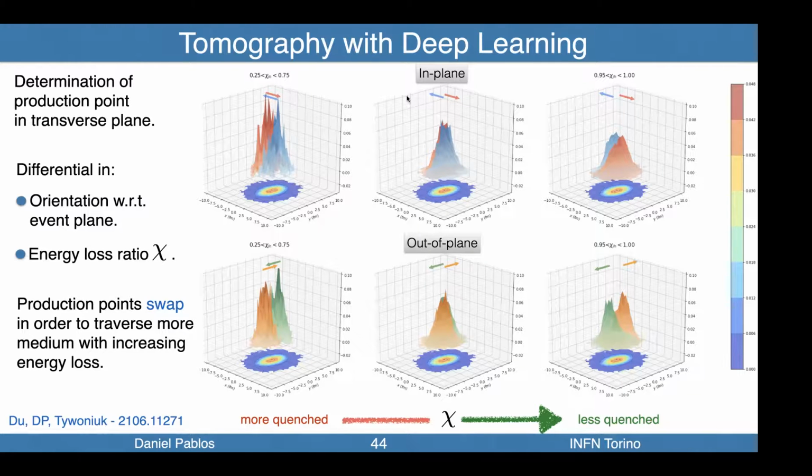So their production point swaps based on the value of chi. And if you know in plane, out of plane, then you know even more. Again, this is akin to having a photon-jet selection. However, it has some advantages, such as the fact that one even factors out the fluctuations due to vacuum-like radiation, because we define energy loss with respect to the vacuum-like would-be jet, not with respect to the initial parton, for which the photon is the proxy.